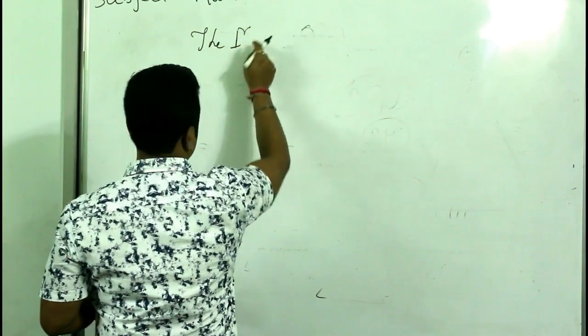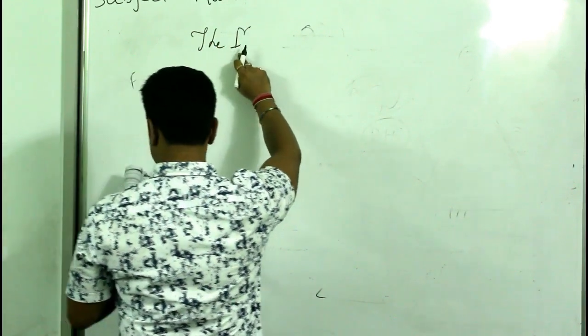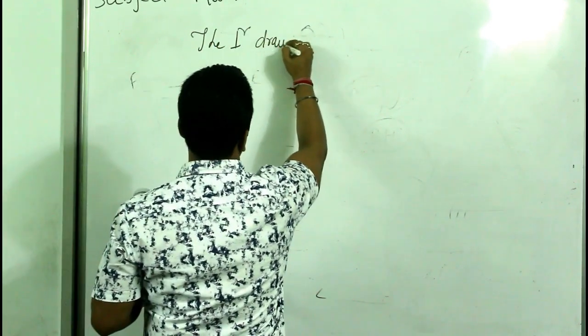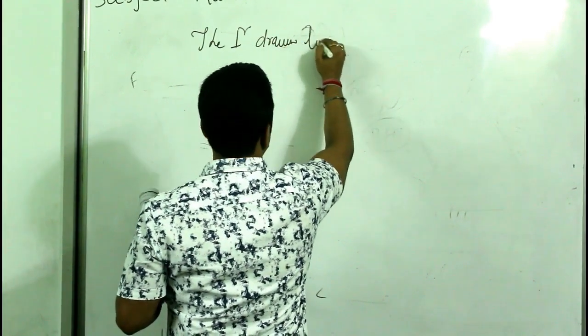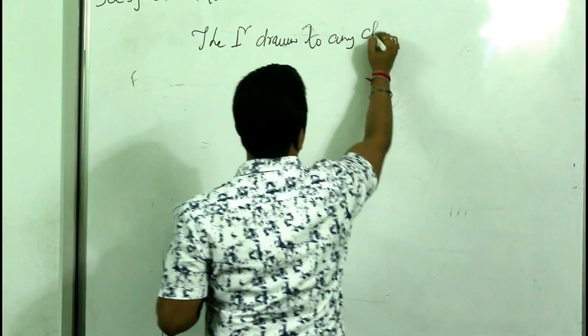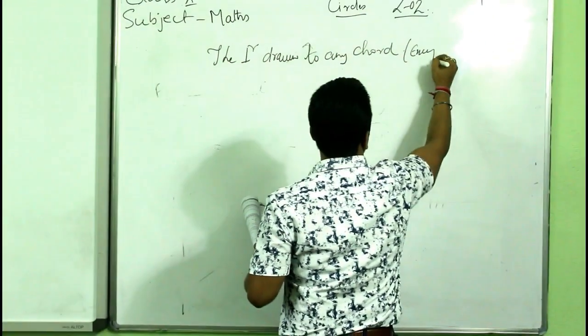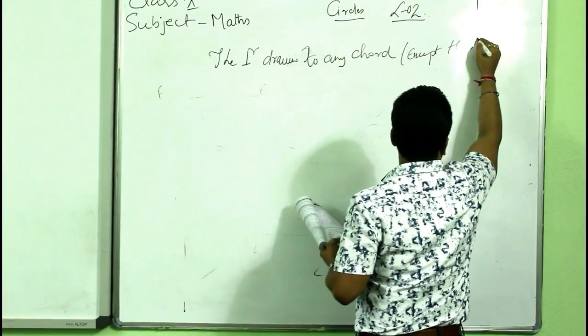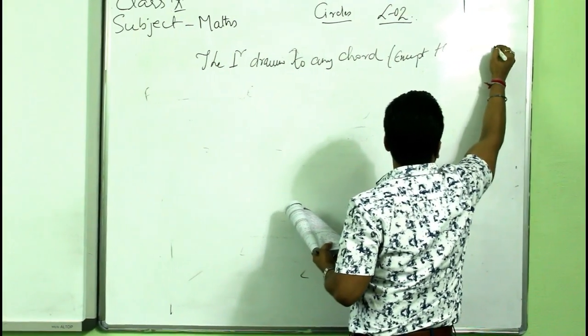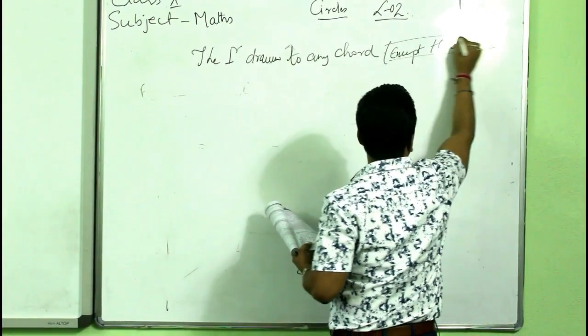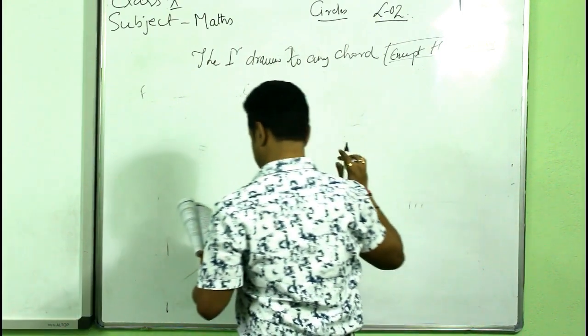The perpendicular, this is the short form of perpendicular, drawn to any chord except the diameter. We are not choosing the diameter. Why? I will tell you.